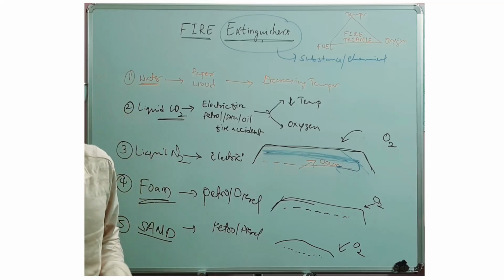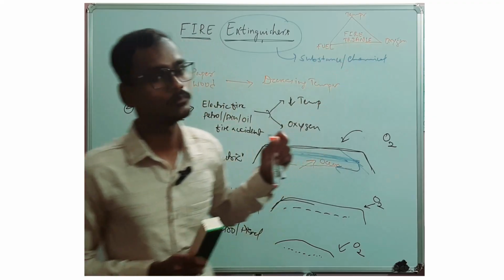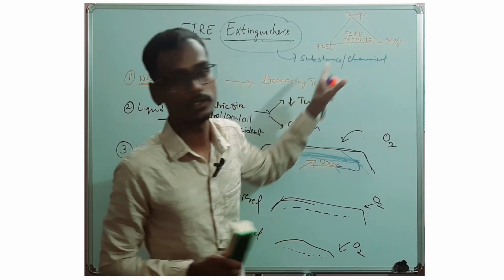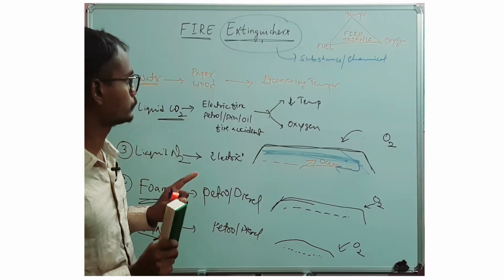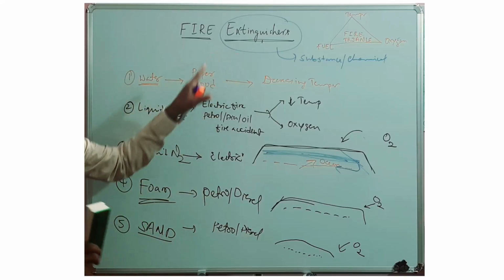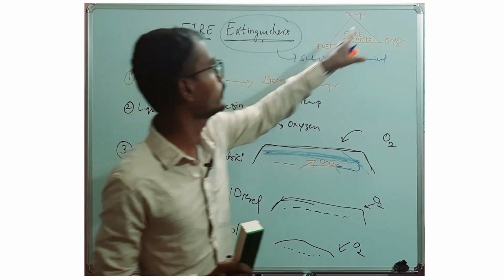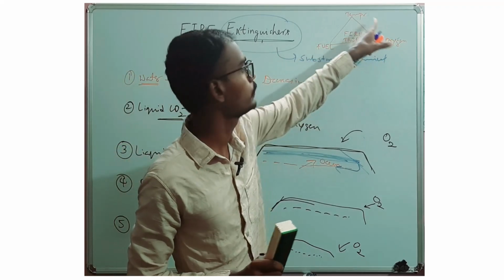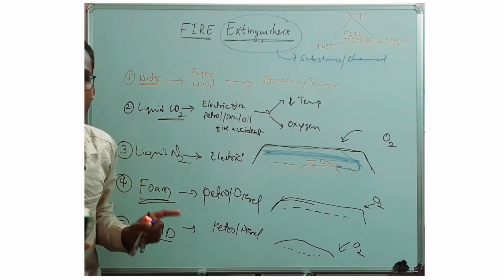I can summarize like this. Overall, the more important thing is the fire triangle. The fire triangle tells the three elements that are very essential to have a fire. What do extinguishers usually do? They eliminate one of the elements of this fire triangle. By doing so, it controls the fire.